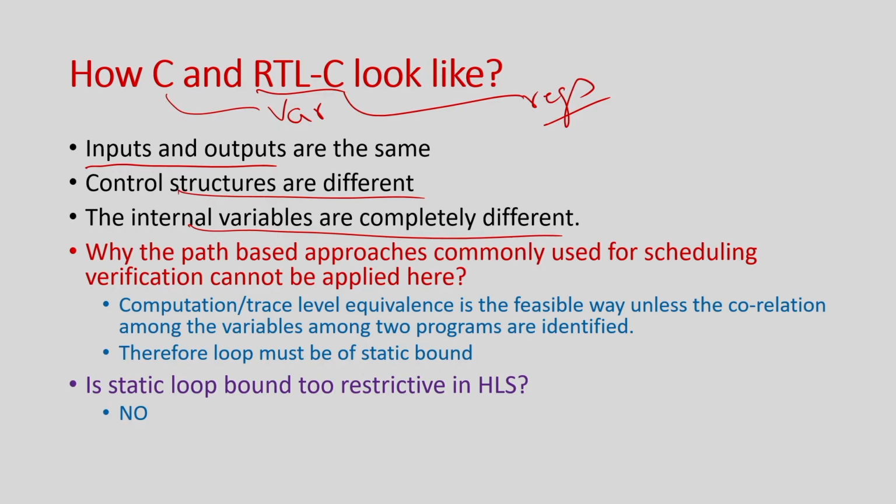That means you give an input, you get an execution trace, and you find the equivalent trace in the other behavior, and you do this for all possible traces. So, this is an n square kind of comparison, and because of the dynamic loop bound, when the loop bound is not static but input dependent, you might have a very large number of traces.